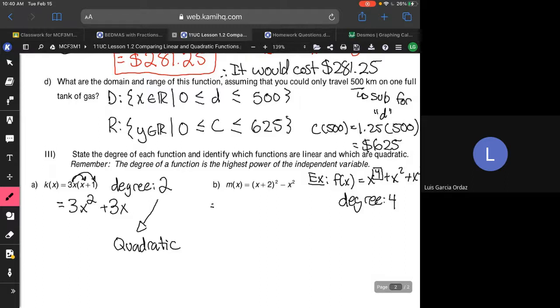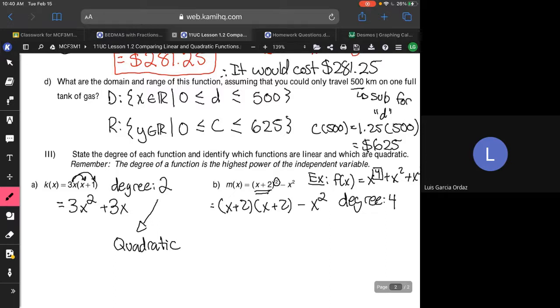Does anyone remember? Okay, so I'll do it the long way, that's fine. So this squared up here means that I have 2 of these brackets over here. I have 2 brackets of x plus 2. I'm going to write x plus 2 times x plus 2 minus x squared.